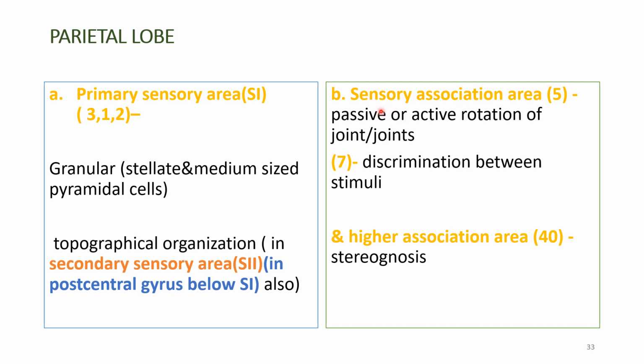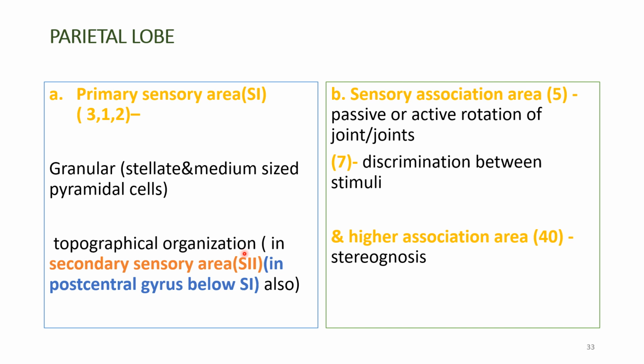Coming to the sensory association area or 5. It is for passive or active rotation of joints. And area number 7 is for discrimination between the stimuli. And area number 40 is the higher association area. It is for stereognosis. So you have S1, below that you have S2.